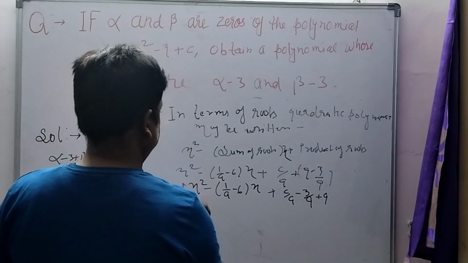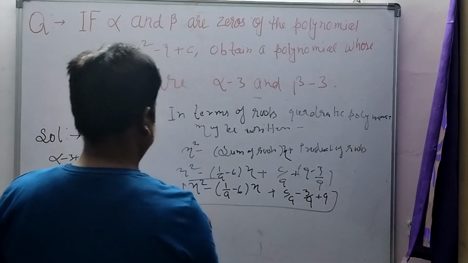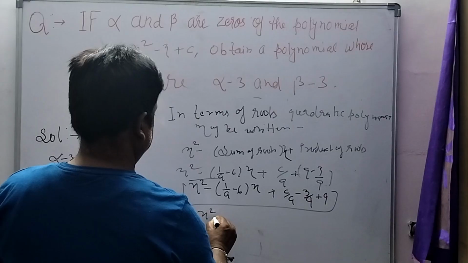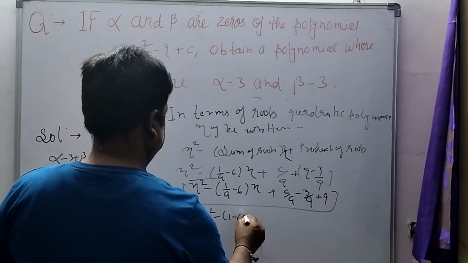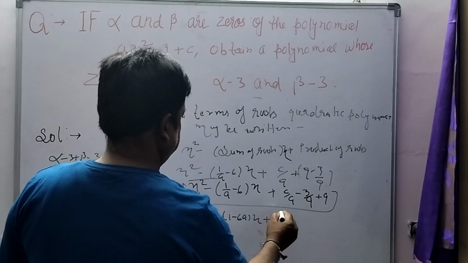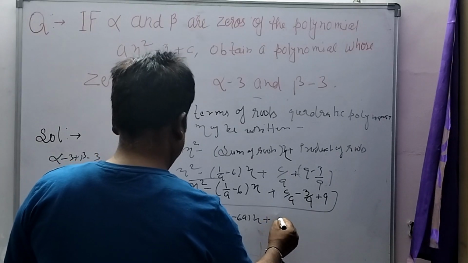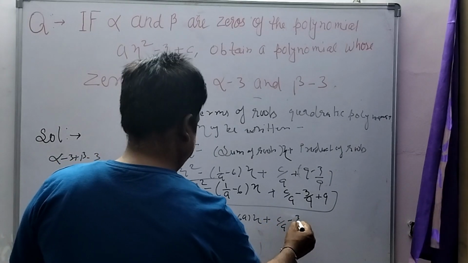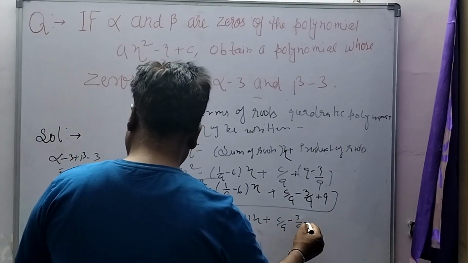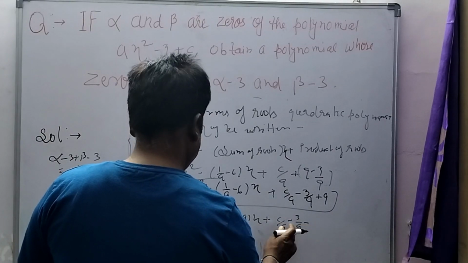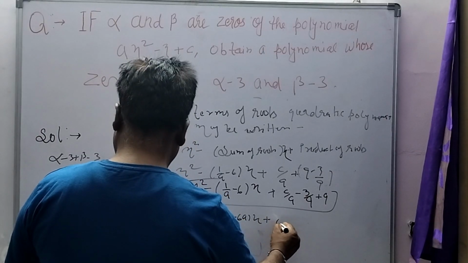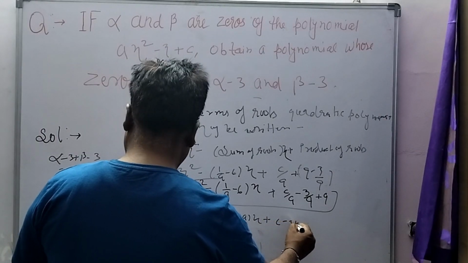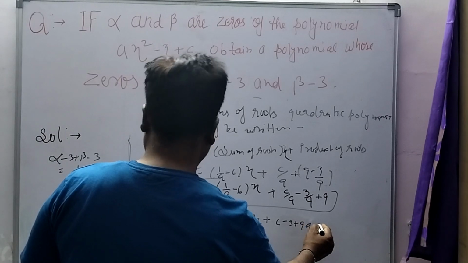This is required. You can solve. You can also simplify the factor: square minus 12 minus 6a into factor plus c by a minus 3 by a plus 9, c minus 3 plus 9 equal to 0.